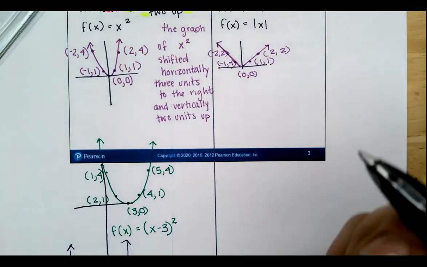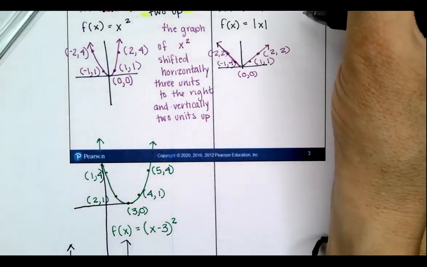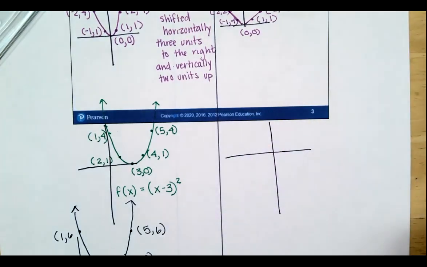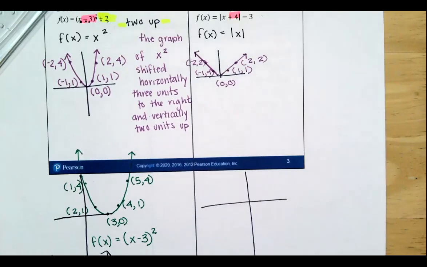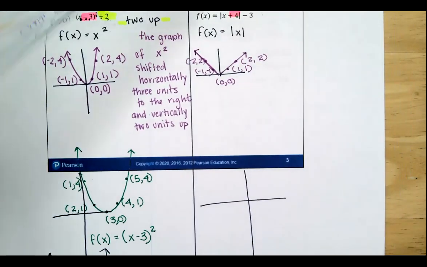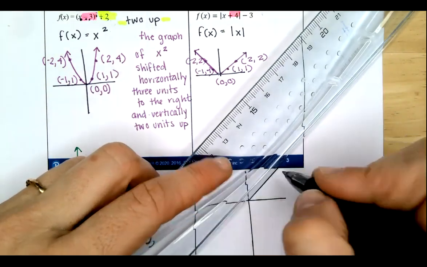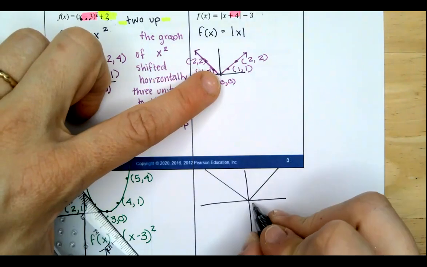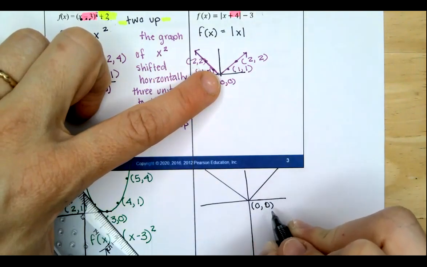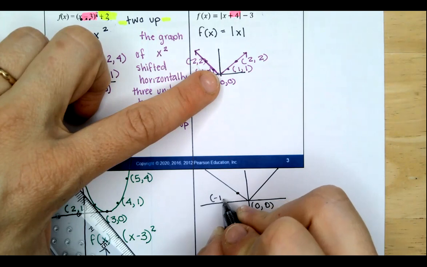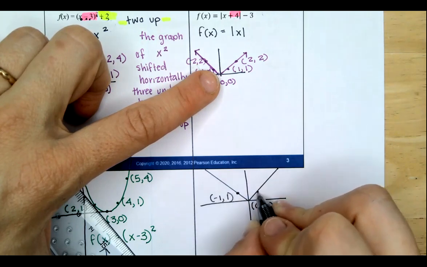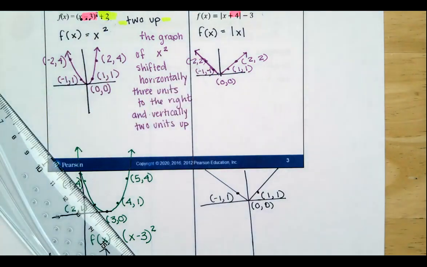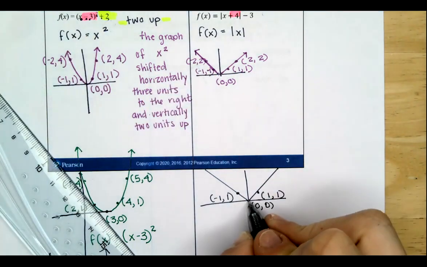And then we're going to go back and move it 3 down instead of 2 up. Okay? 4 to the left. So here was our original 0, 0, negative 1, 1, 1, 1, right? 4 to the left means I'm going to go all the way over from 0, 0.